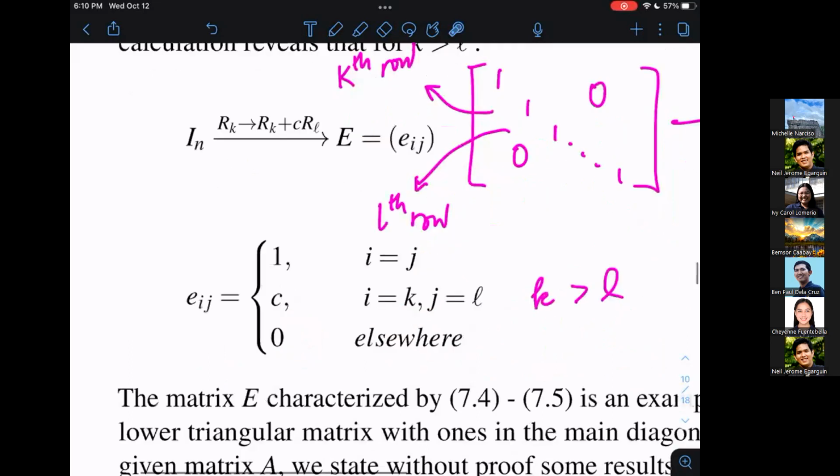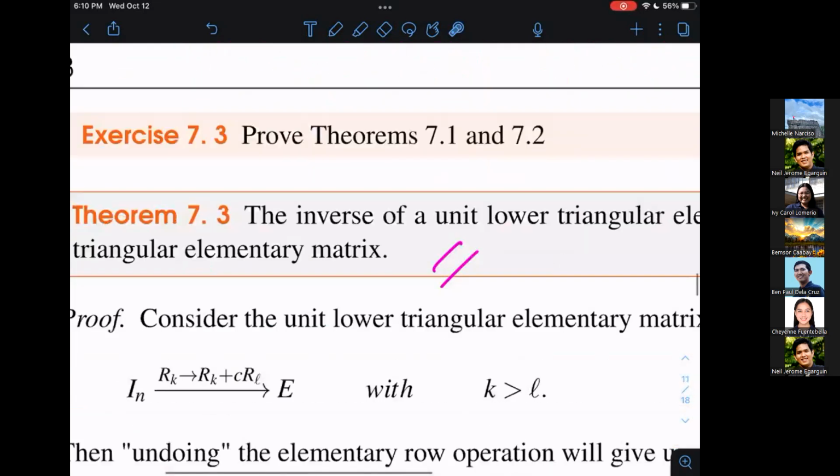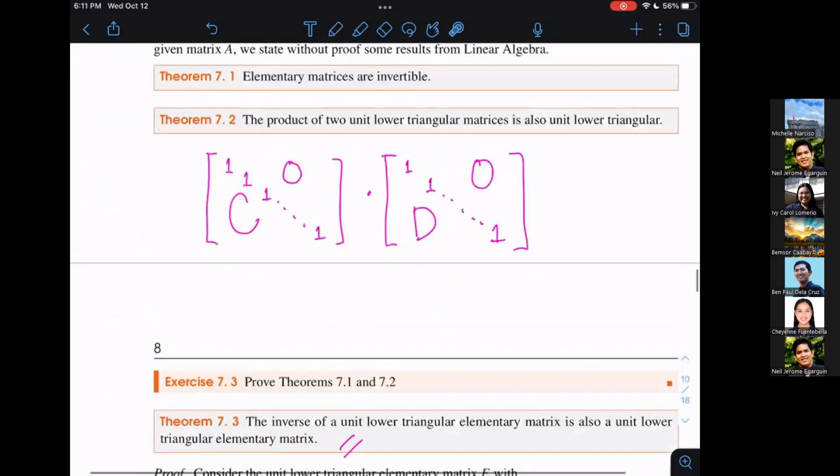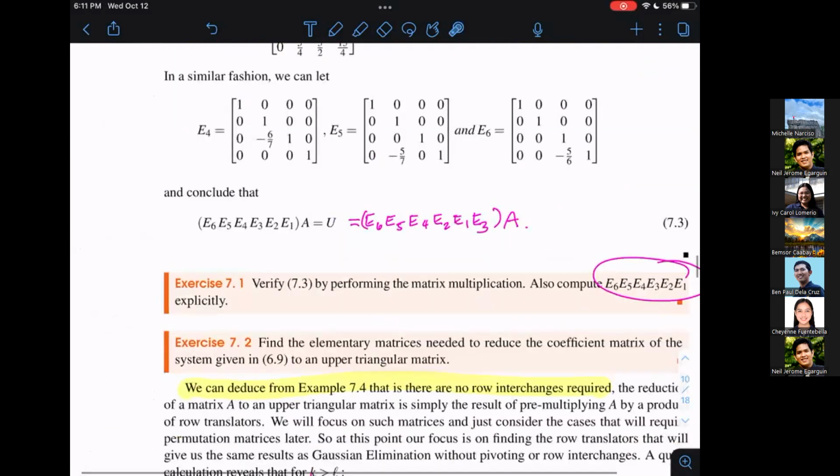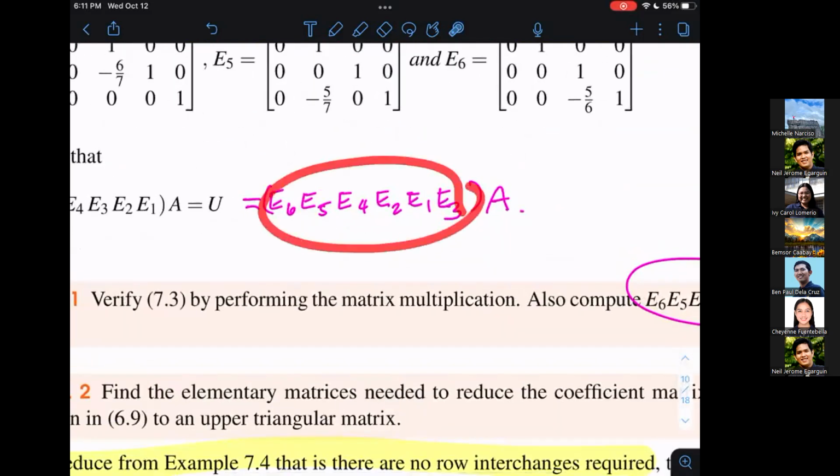Okay? So ang pangarap ko ngayon, etong mga, nasaan na yung example ko kanina? Yeah. Etong mga E sub i's, sana lahat sila ay lower unit triangular. Okay? Para etong product nila ay ano pa rin, unit lower triangular. Alright? Kasi yun yung nasa Theorem 7.2. Okay? And then since every one of these are elementary matrices, then they are invertible.